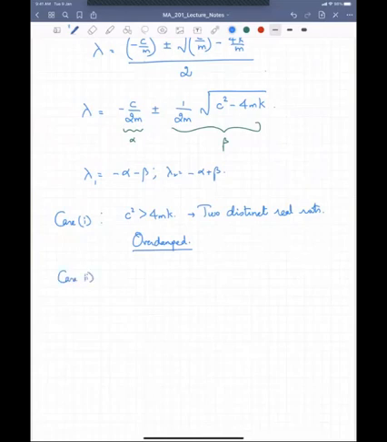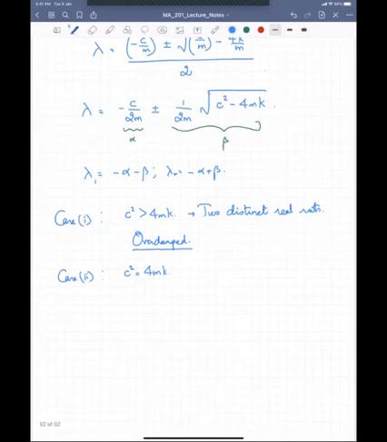Case 2 is when c squared is not so large, but it's not very small either. It is just about equal to 4mk. In this case, of course, the square root becomes 0 and we have double real roots.